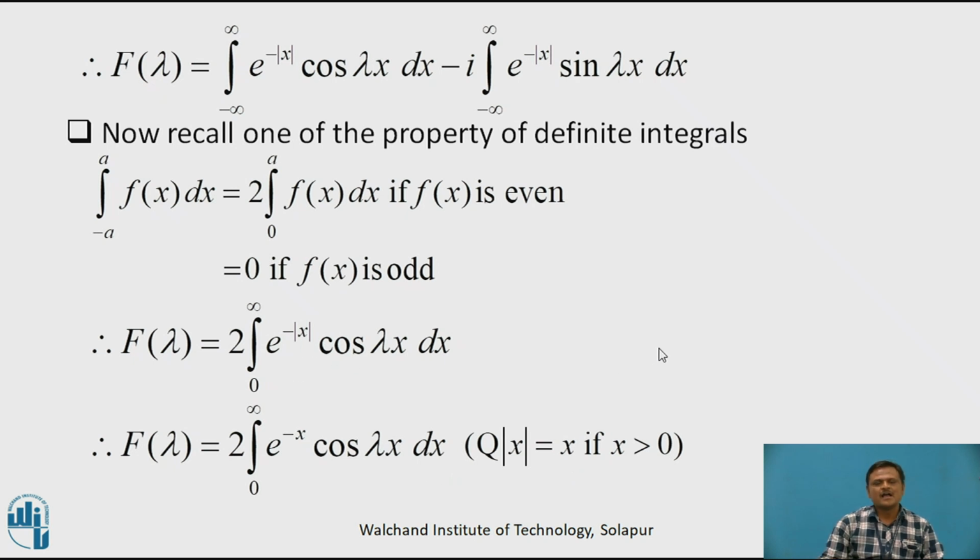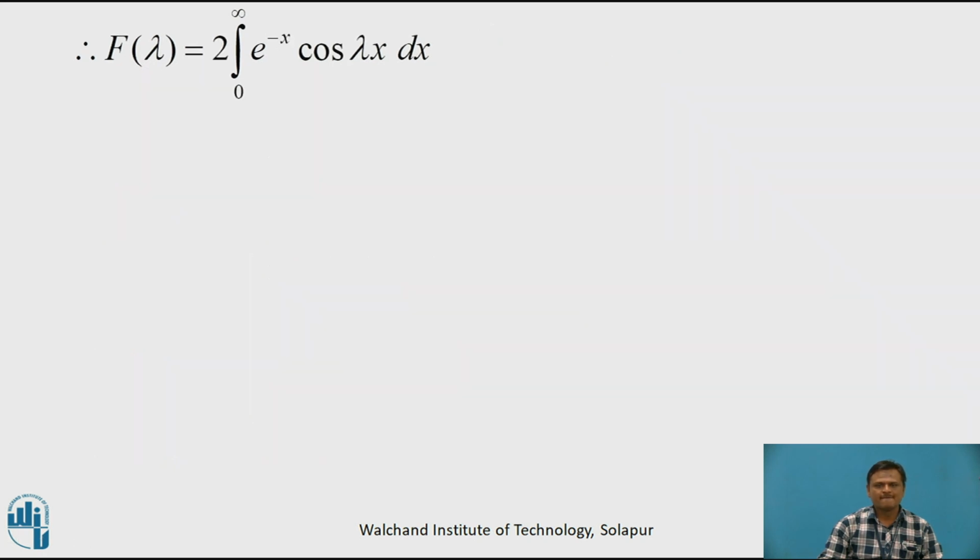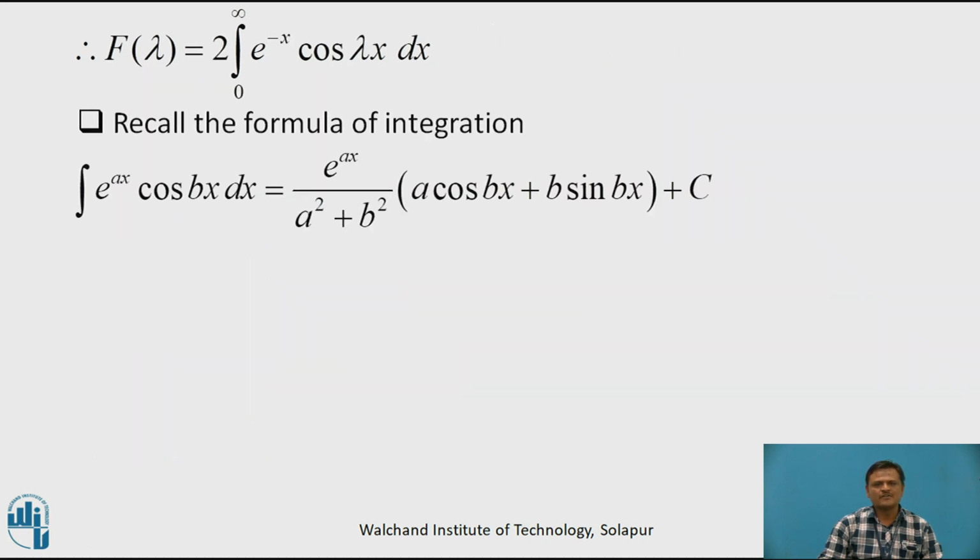Now friends, we require one of the basic integration formulae in order to evaluate this, so we need to recall it. The formula is: the integral of e to the power ax cos bx dx is equal to e to the power ax upon a square plus b square, into a cos bx plus b sin bx, plus arbitrary constant c.